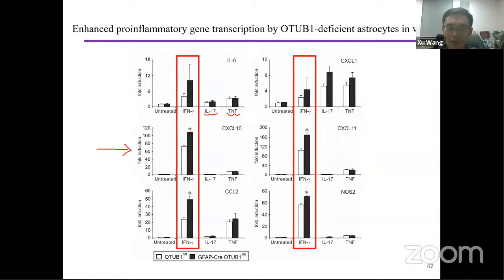We can see that after the deletion of OTUB1, astrocytes produced more CXCL10, one chemokine, upon stimulation with interferon gamma. So no OTUB1, more production of CXCL10. So OTUB1 inhibits interferon gamma-induced chemokine production in astrocytes.